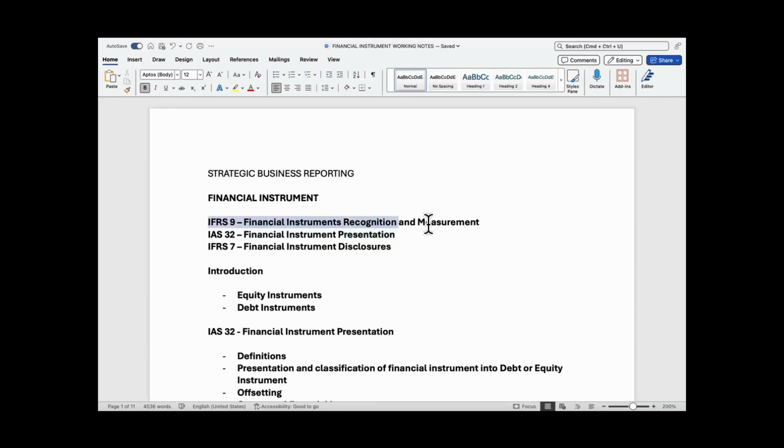So we spent all our time last week on IFRS 9 because it's IFRS 9 that deals with recognition, derecognition, classification, measurement, and those were what we looked at on Saturday. And if you remember clearly, we mentioned that financial instruments should be recognized when an entity becomes a party to the contract.